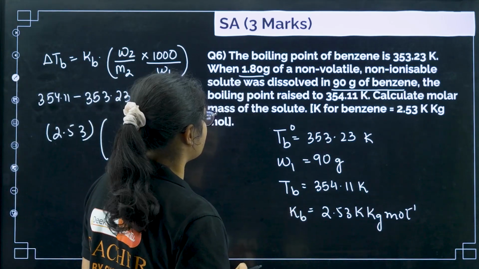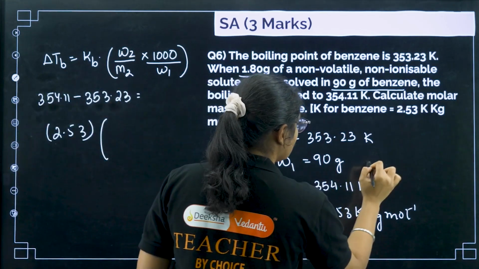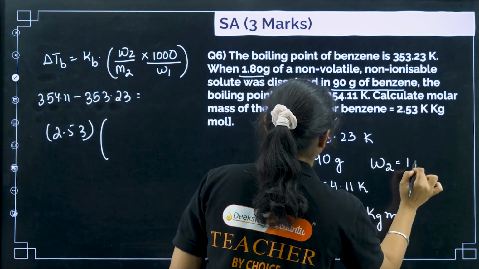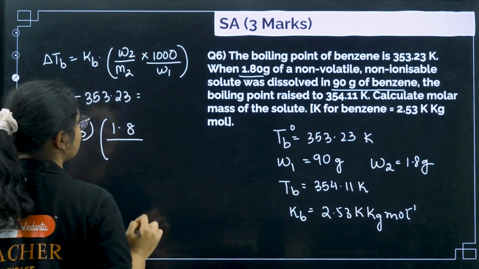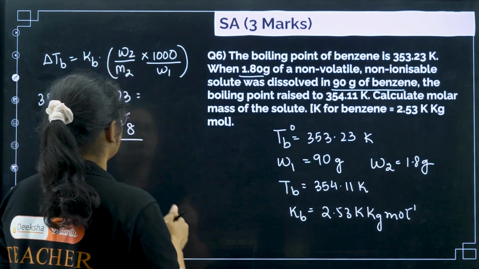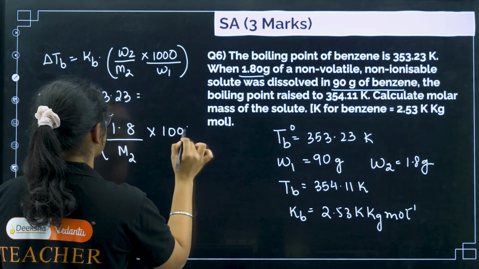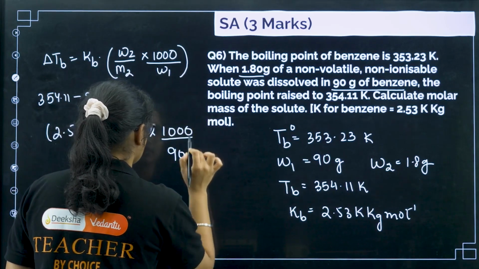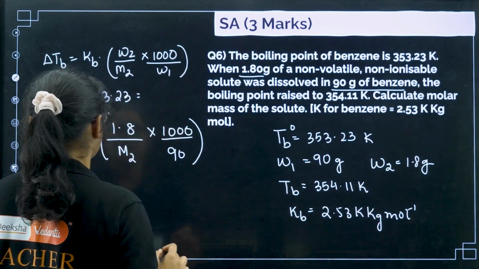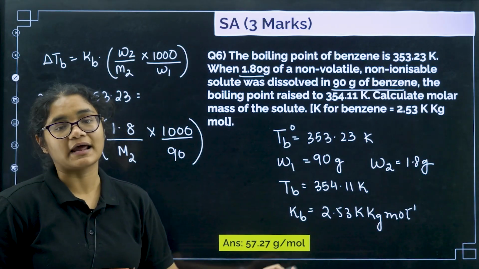W2 is 1.8 gram, right? We have not written that, here I will write it down. W2 is 1.8 gram. So 1.8 divided by M2, M2 we have to find out, into 1000 by W1 is 90. Okay, if I solve this, the M2 value will be 57.27 gram per mole.